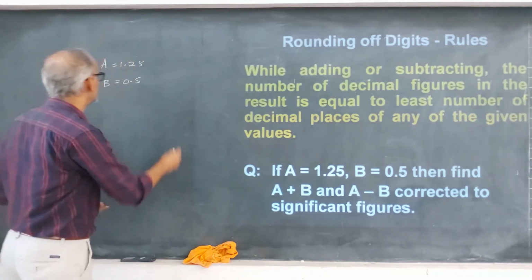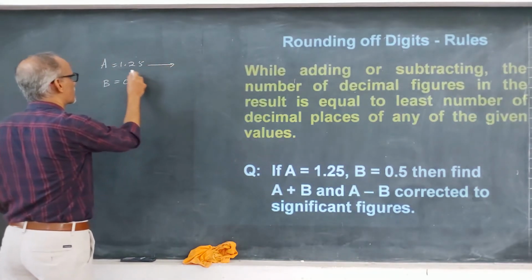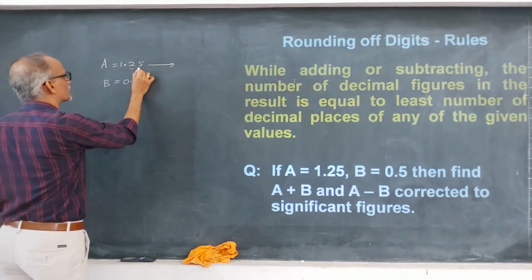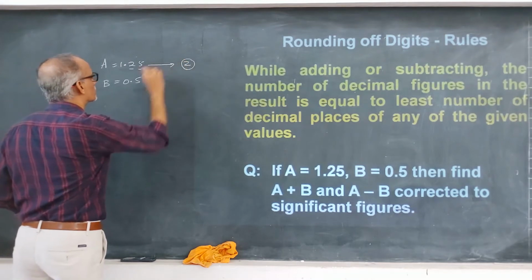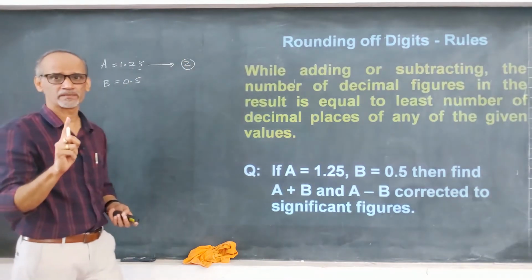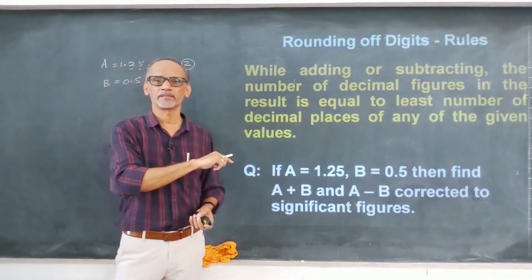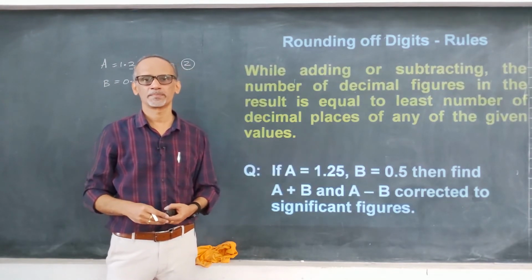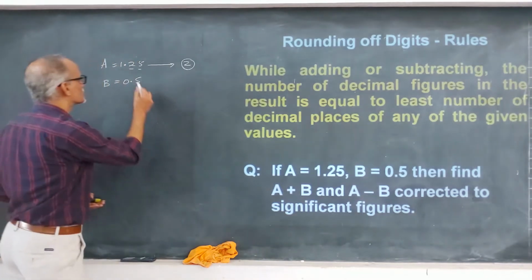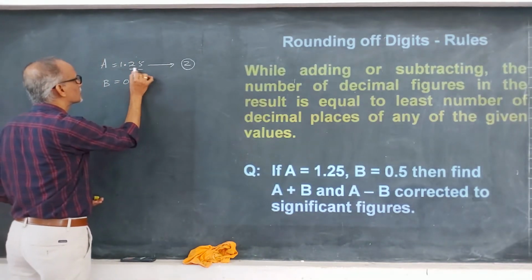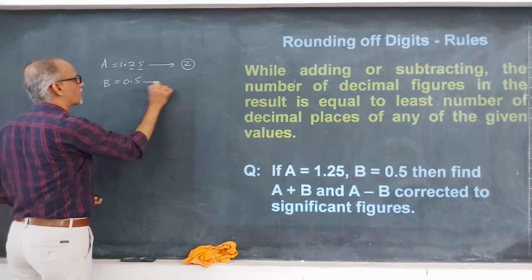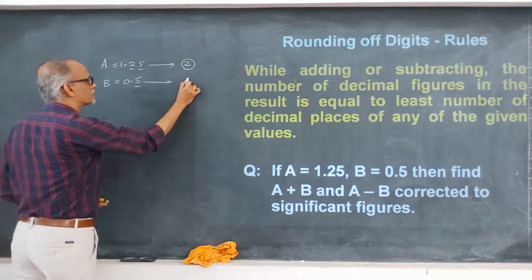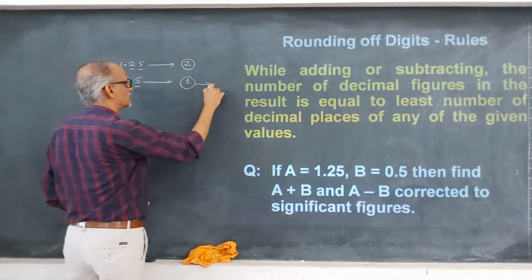Okay, right. So, how many decimal figures are here? 1, 2, not the number of significant. So, the rule while multiplying and dividing is completely different from the rule when we add or subtract numbers. Clear? Okay. So, how many decimal places are there? There are 2. Here in this there is only 1. So, which is the least? This is the least.